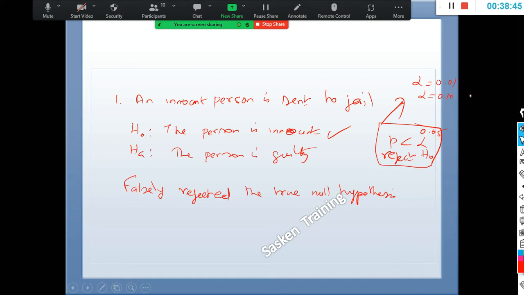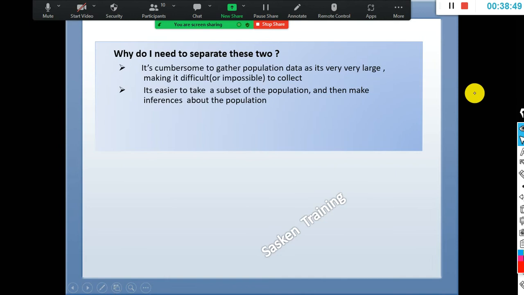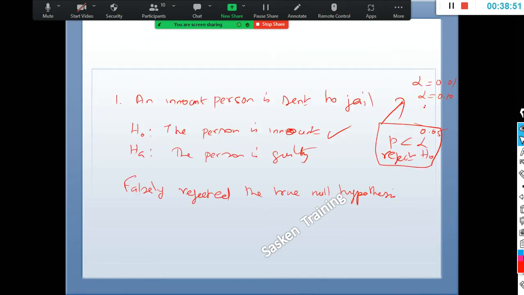Alpha equal to 0.10 means 90% confidence, and alpha 0.01 means 99%. Guys, please don't forget this. So 1 minus 0.01, how much will you get? 0.99, which is 99%.